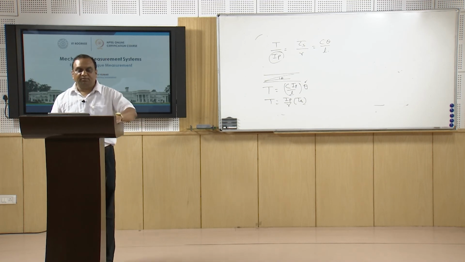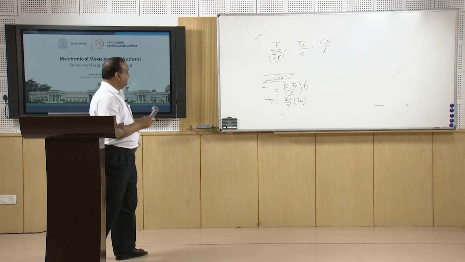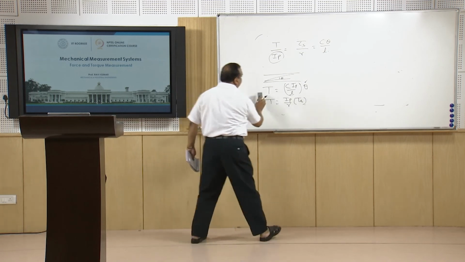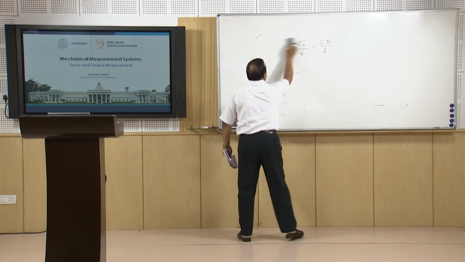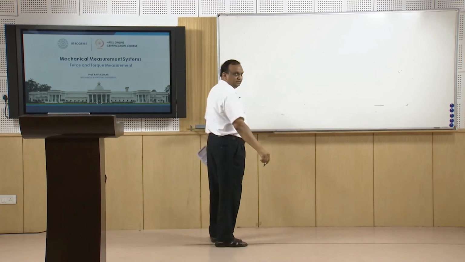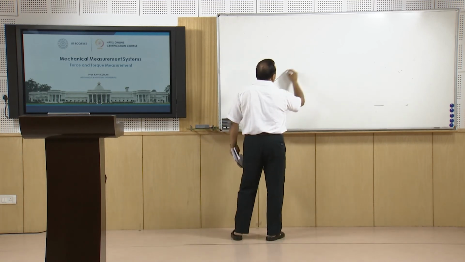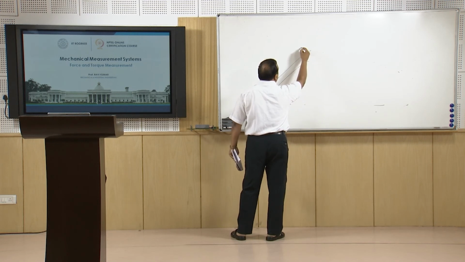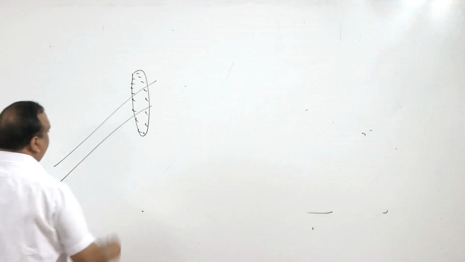First of all is mechanical torque meter. Mechanical torque meter is mechanically fixed to the shaft. So on the shaft there is a marked disc.